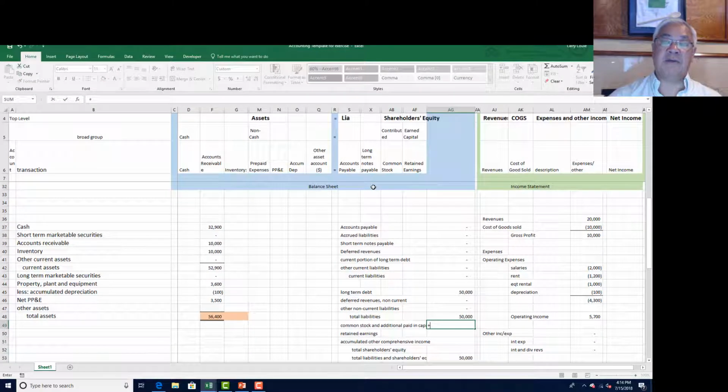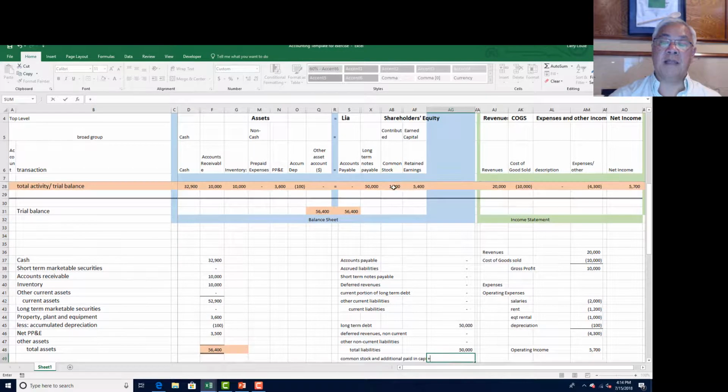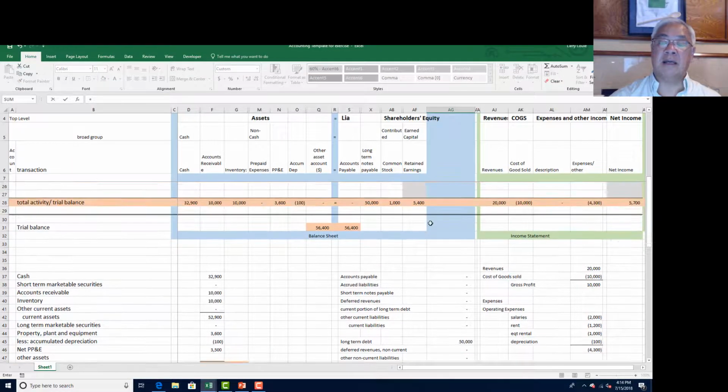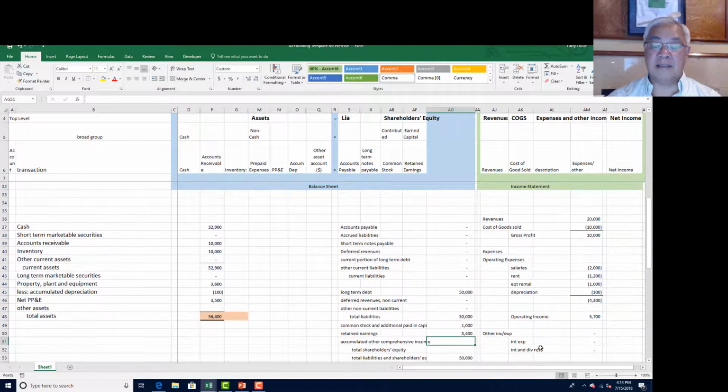Common stock, we issued that, and that was above right there at 1,000. And we had retained earnings also right there at 5,400. 5,400 is the net income of 5,700 minus the 300 in dividends, which is not an expense that goes to the income statement. So we can check our math. The balance sheet should balance.